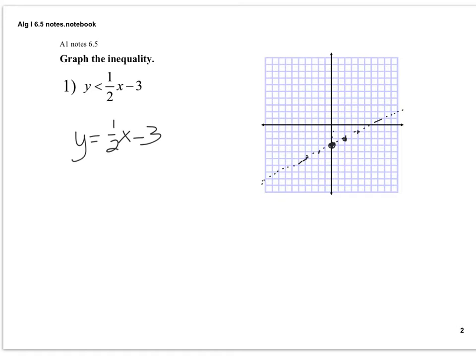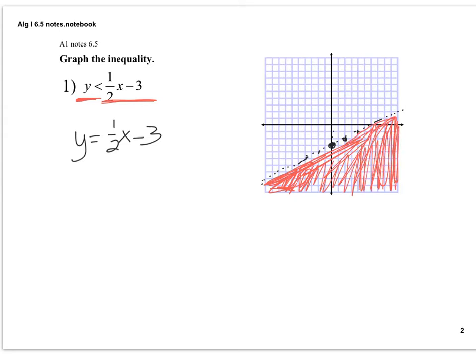So I have y being less than the line of this stuff over here. So that means that all of the region that is below the line is possible solutions. The line is not included, but all of this region right here is possible solutions to my inequality.